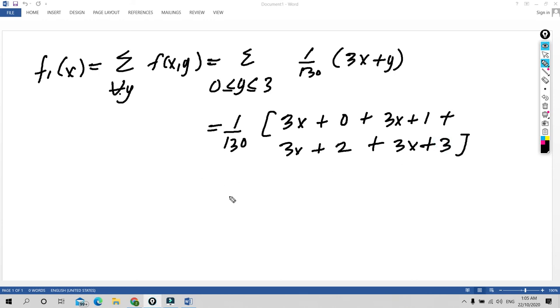So this is equal to 1 over 130 times 4 multiplied by 3, which is 12x, plus 6, over 130. So the final answer here is f(y given x).